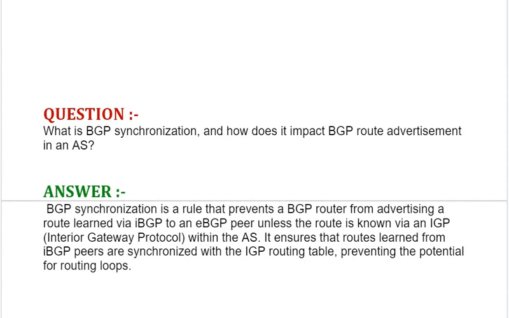Our next interview question is, what is BGP synchronization and how does it impact BGP route advertisement in an AS? Your answer should be: BGP synchronization is a rule that prevents a BGP router from advertising a route learned via iBGP to an eBGP peer unless the route is known via an IGP, interior gateway protocol, within the AS.